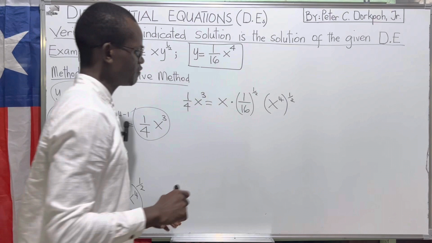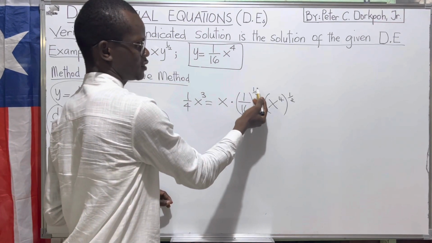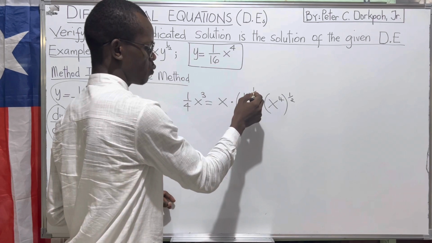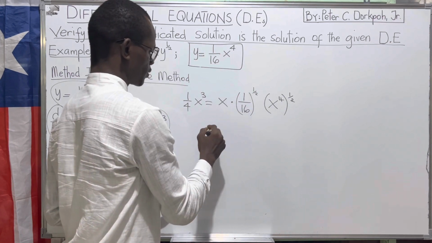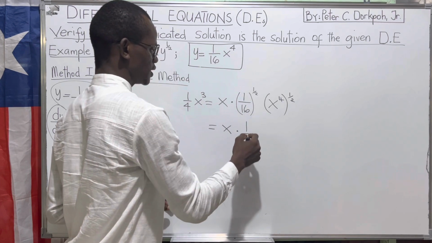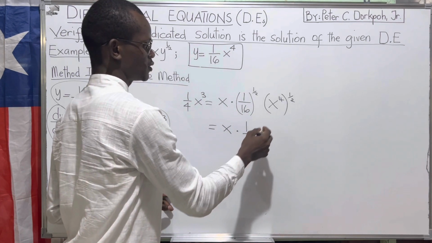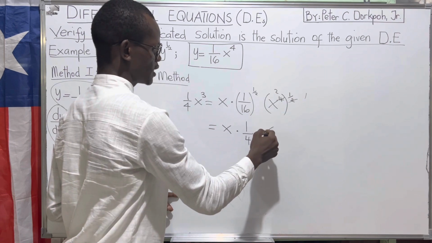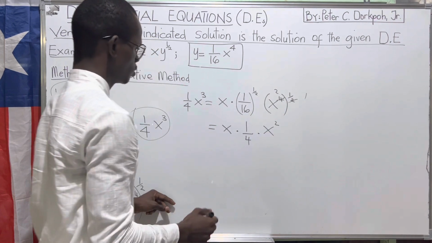Now we can simplify. This power half means the square root, so it's like saying the square root of 1 and the square root of 16. The square root of 1 is 1, the square root of 16 is 4. And 2 goes into 4 two times, so it's x raised to the power 2.